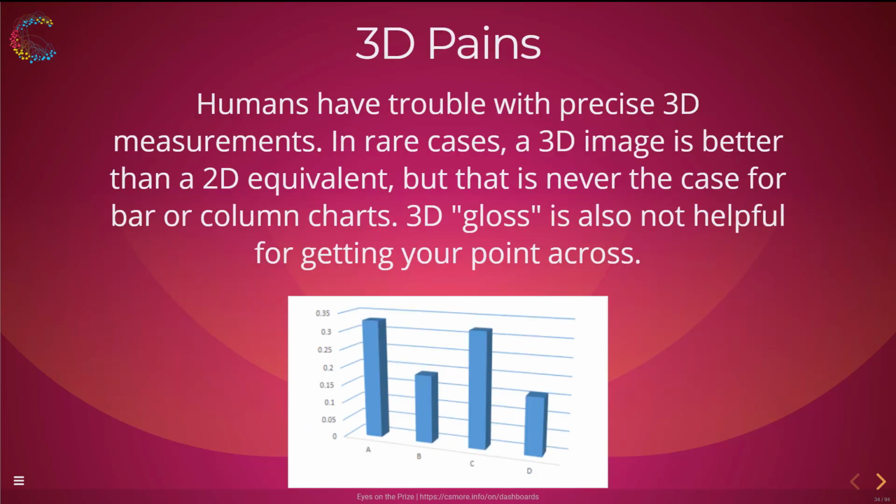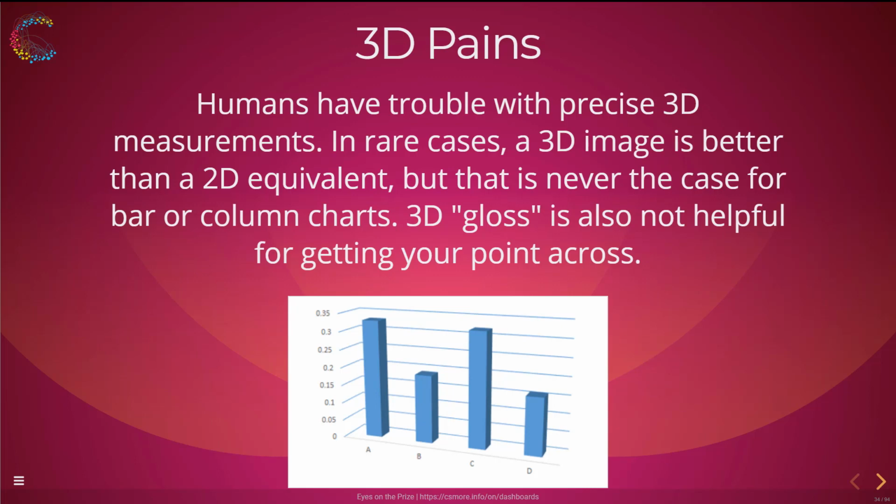Also, I recommend not using 3D at all for most business charts. There are some technical charts, topological charts and mathematics. There are some physics charts where 3D is not only useful, but it's critical. For business charts like this column chart, 3D offers nothing.